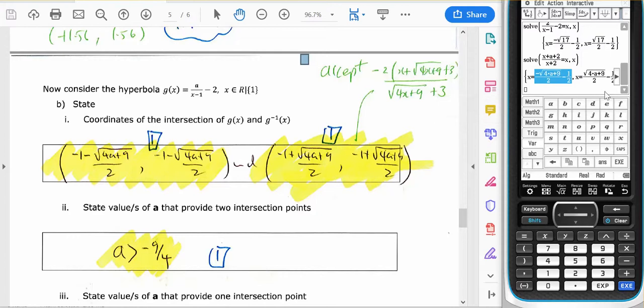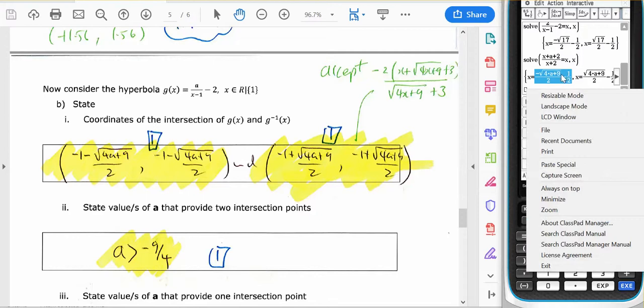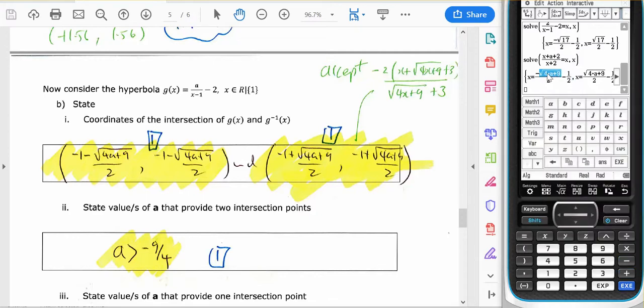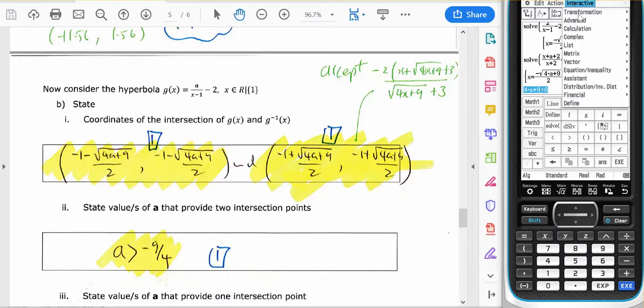Okay, find the values of a that give two intersection points. I'm going to have two intersection points if the thing inside the square root, so the 4a plus 9, is bigger than 0, because then I'll have two square roots, a positive and a negative.